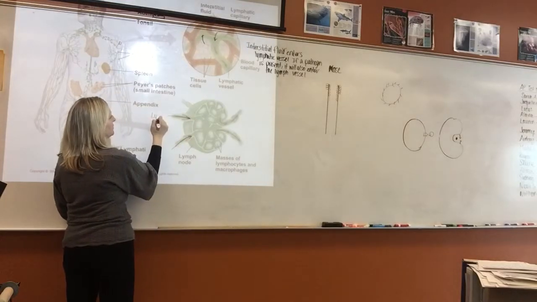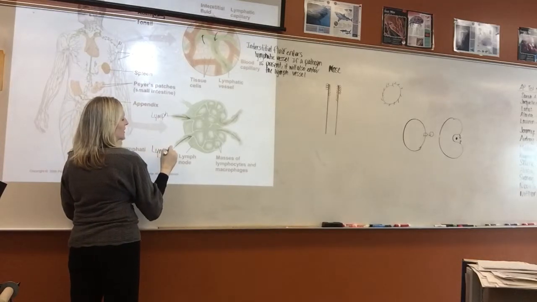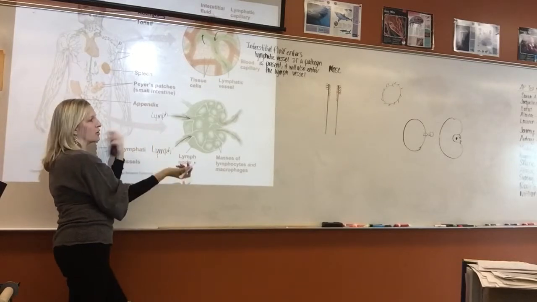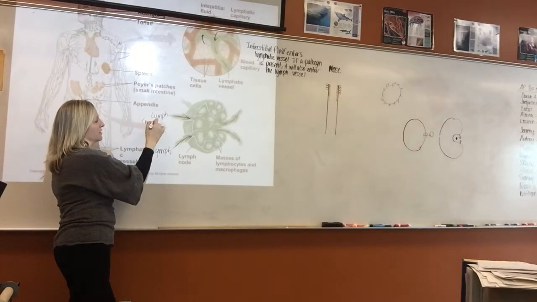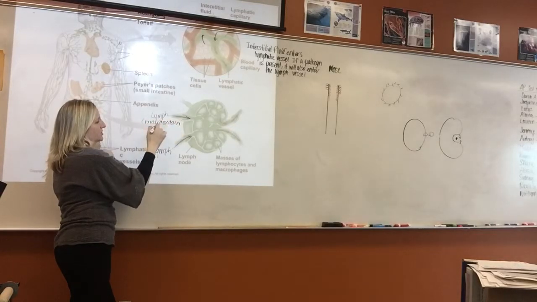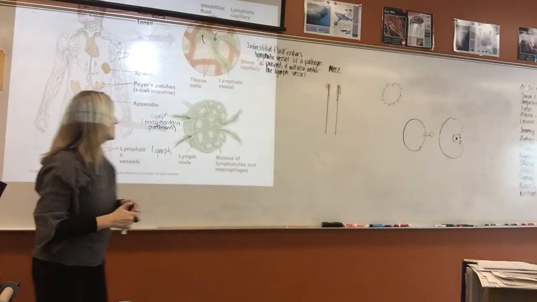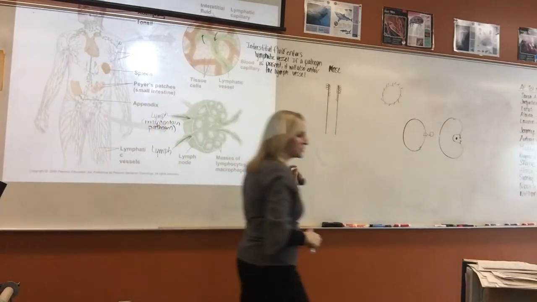So this is your lymph coming in from the vessels, and it may or may not contain a pathogen. So your lymph may contain pathogen if you have an infection, right? If there were pathogens that were in your interstitial fluid. So what happens is now your pathogens enter your lymph nodes.